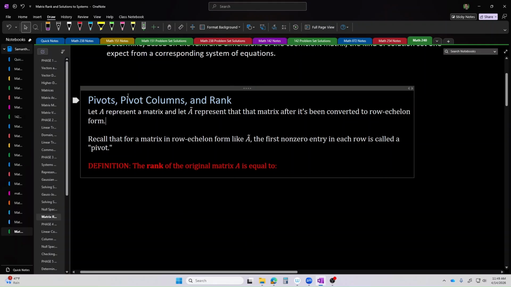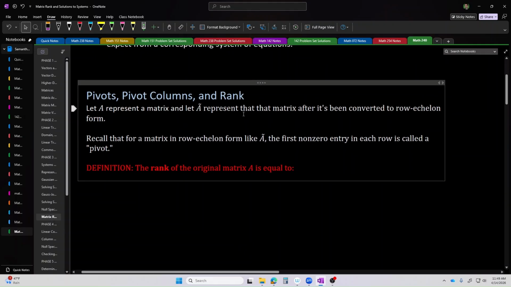So imagine we have a matrix A, and let's call A with a tilde, A tilde. We're going to call that the matrix A after it has been row reduced, the matrix A after it's been converted to row echelon form.